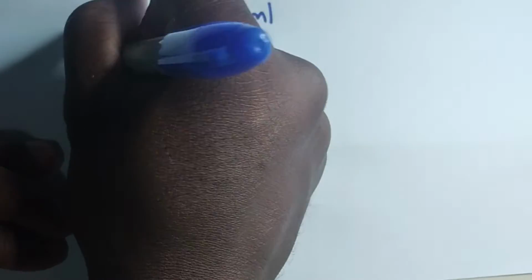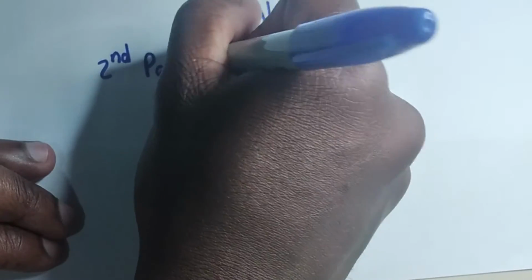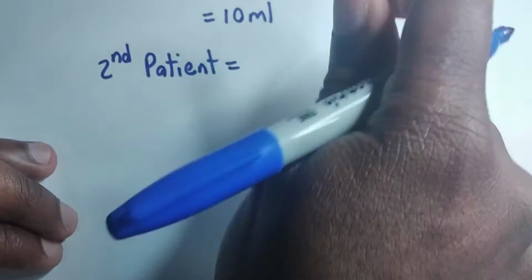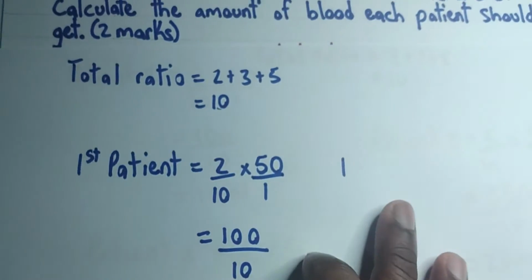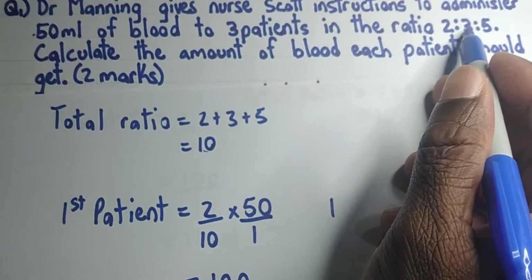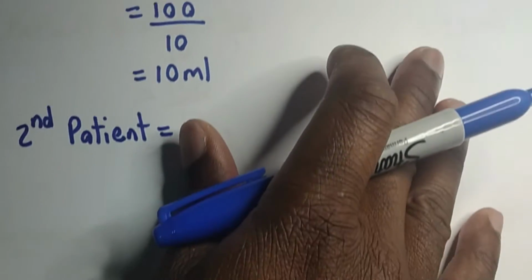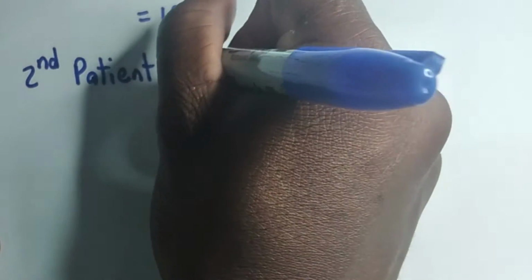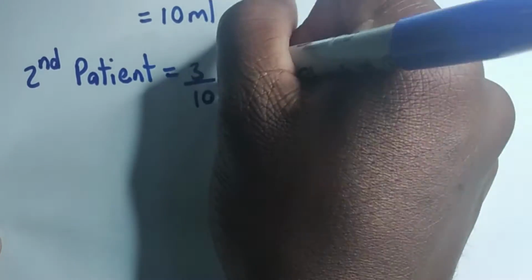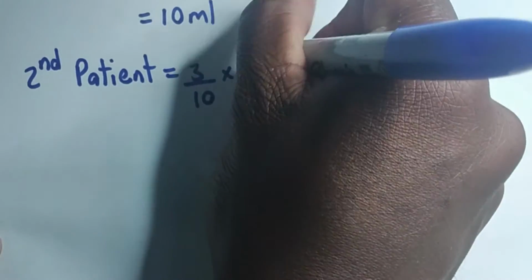So let's look at the amount of blood that patient 2 would receive. So patient 2 would receive, and we have the same approach. So we'll look again at the share that patient 2 would have got, which is 3, out of the total ratio. So we'll have 3 over 10 times the amount of blood that we're dealing with.